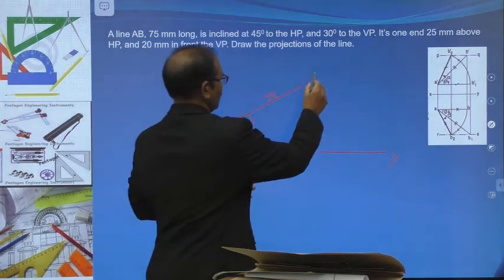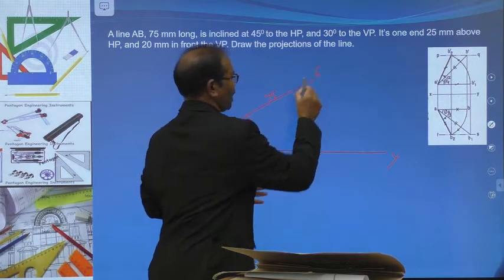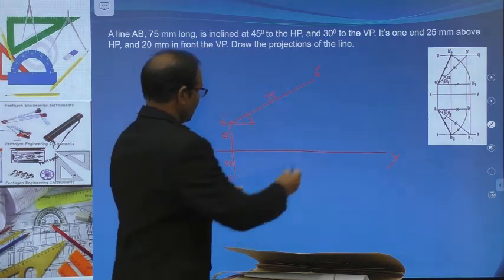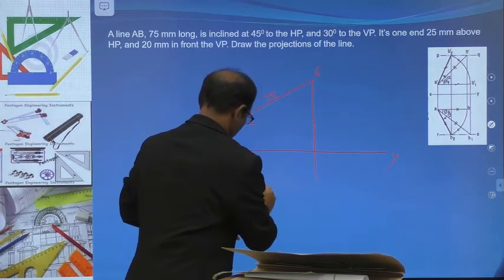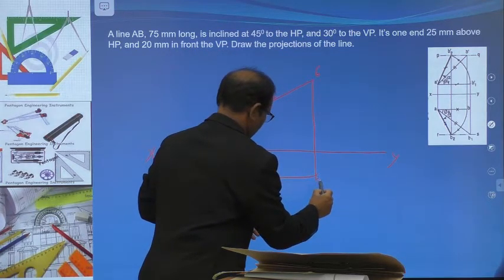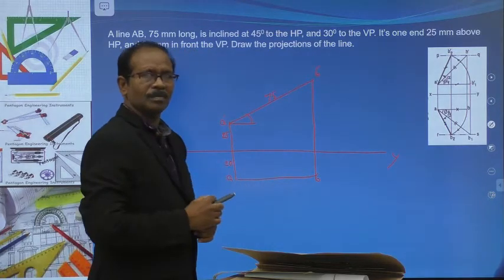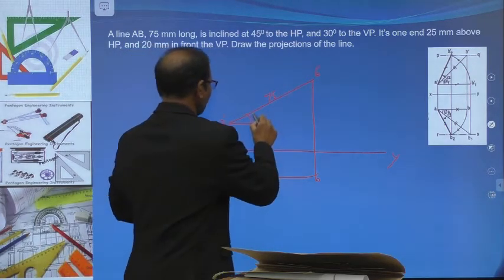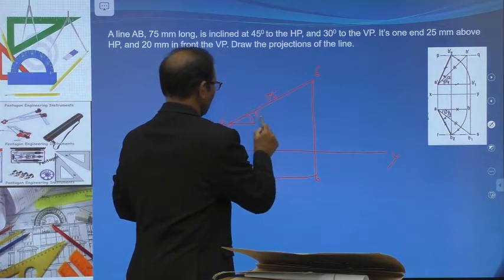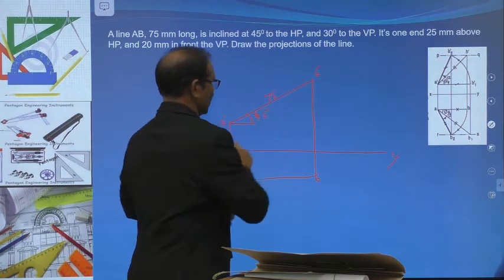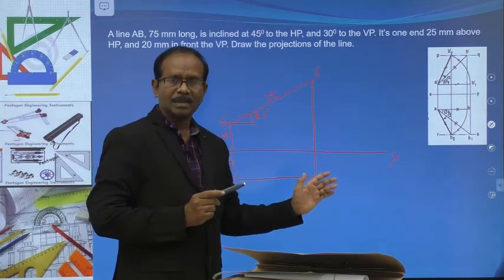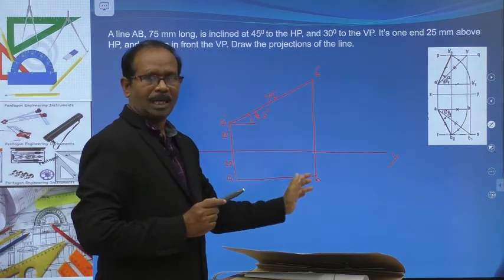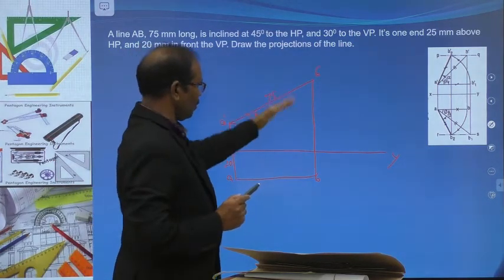This is B dash. Project, and this is B. This is the required angle, 45 degrees. This is the first step: assume the line inclined at 45 degrees, and draw the front view and top view.